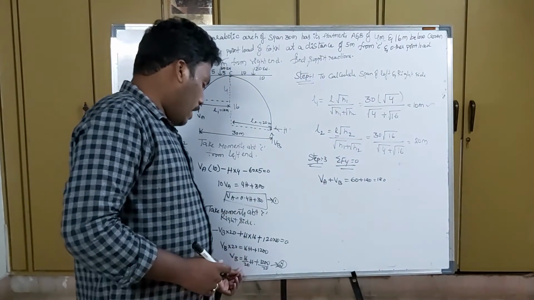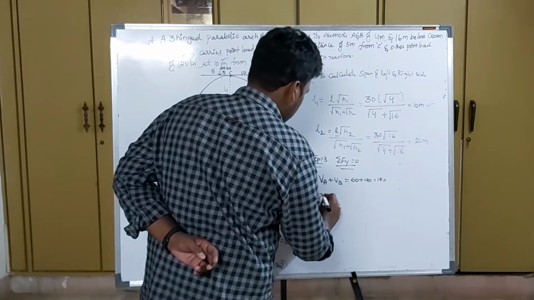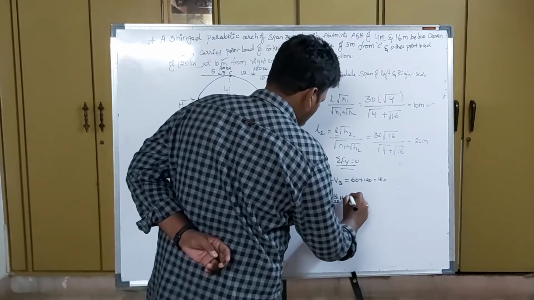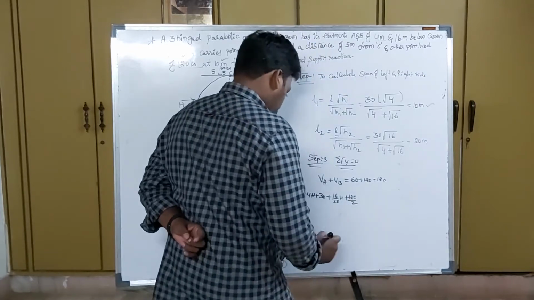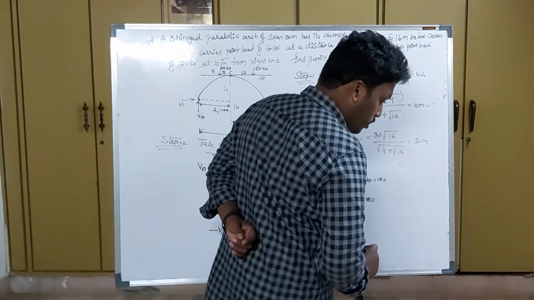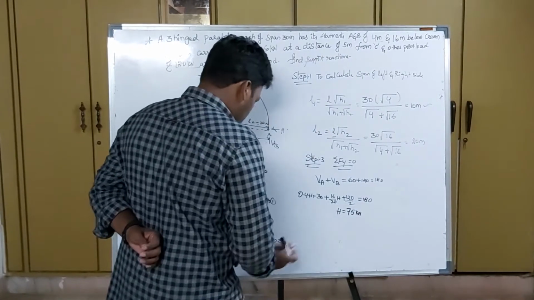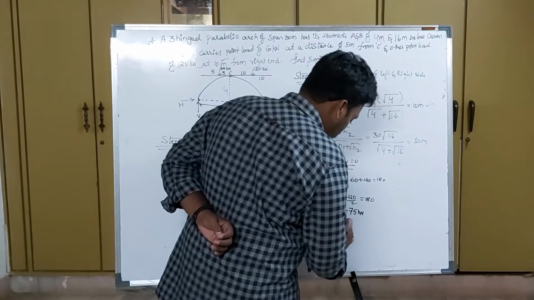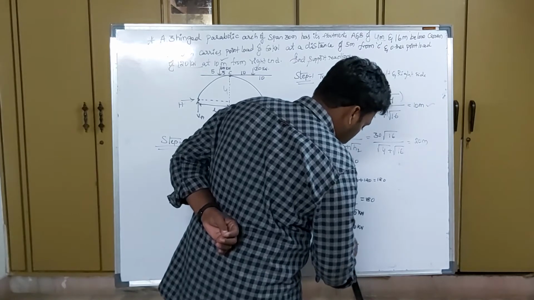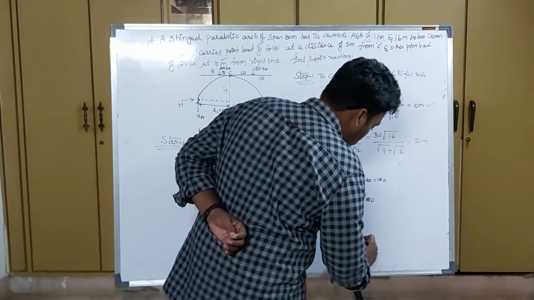Substituting the value of VA and VB in this equation, 0.4H plus 30 plus 16 by 20 into H plus 120 by 2 is equal to 180. From here we can calculate the value of H, 75 kilonewtons. So substituting this H value in this value and this value, we will get VA is equal to 60 kilonewtons. Substitute them and find whether they are correct or not, and VB is equal to 120 kilonewtons.